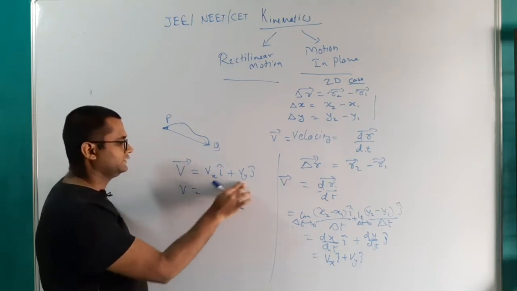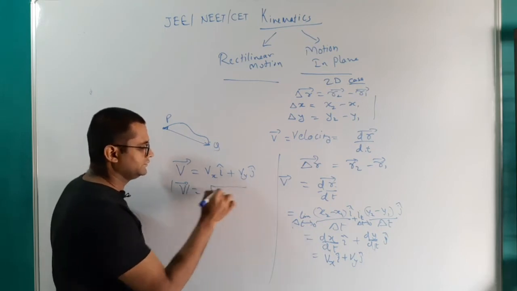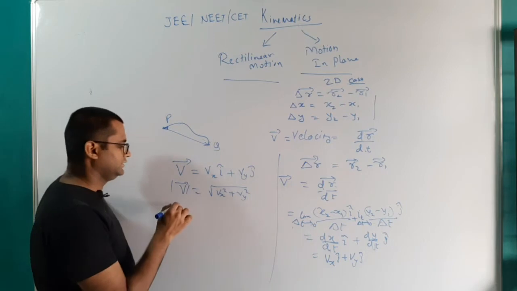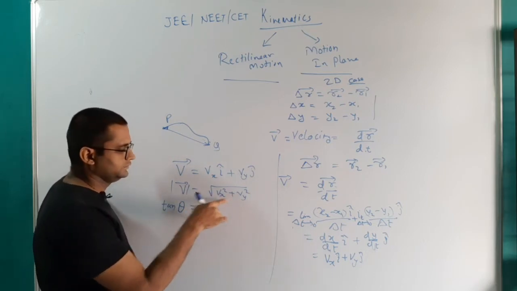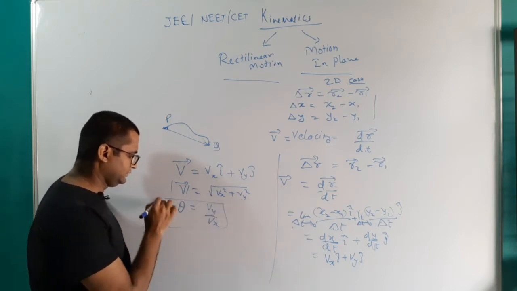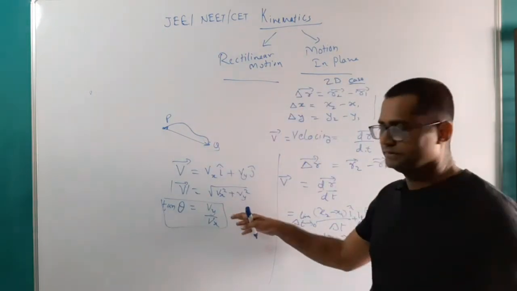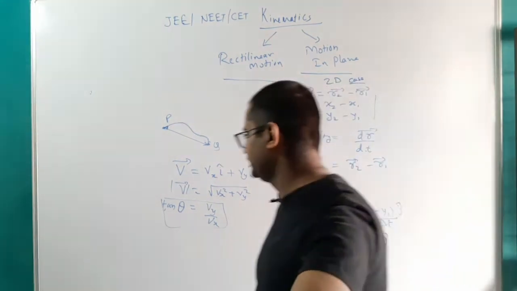We know that for any vector, the magnitude will be equal to the square root of the sum of component squares, so vx square plus vy square. And what will be the orientation? There is a formula: tan theta equals y component upon x component. Remember that this is applicable for a plane only. Okay, so this is how we deal with velocities.